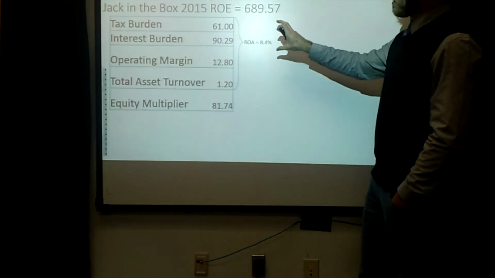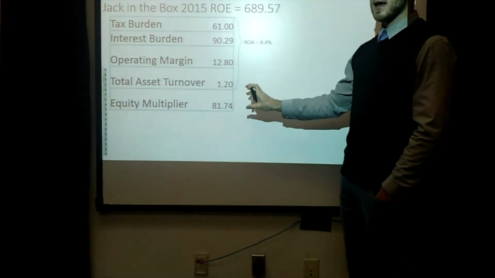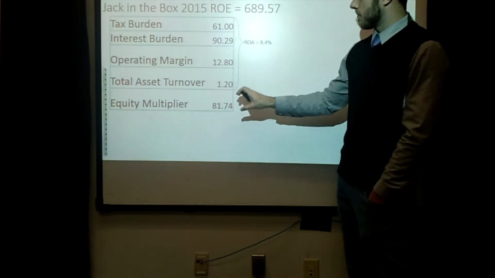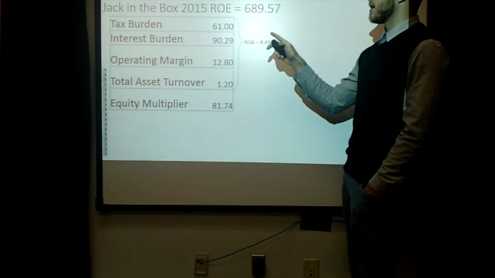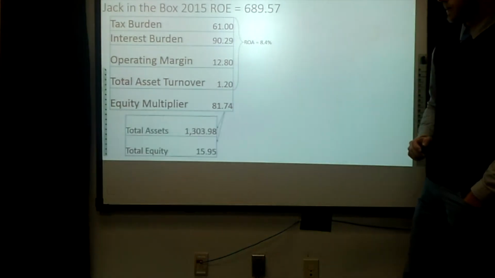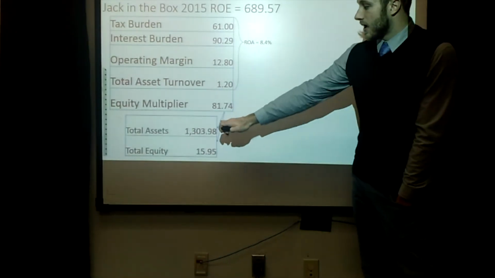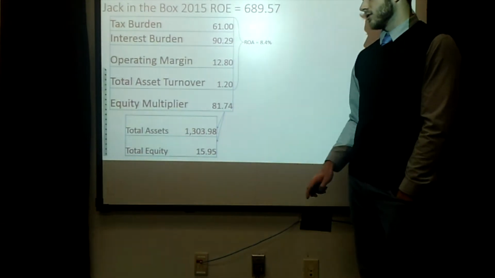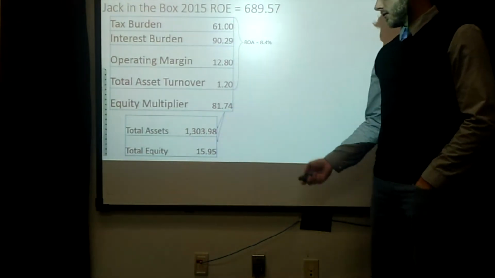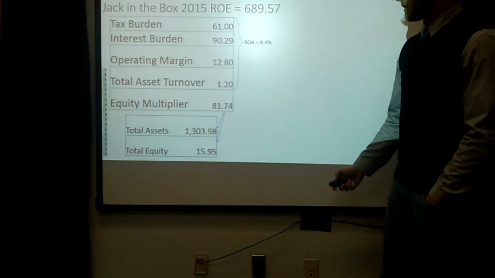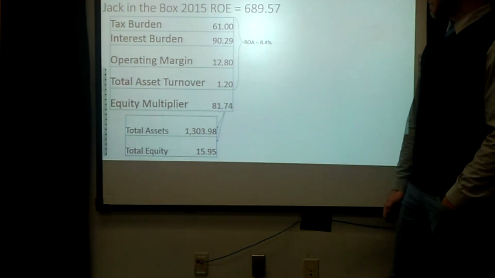So they're making 8.4%, but then they have so much debt that it's being magnified 81 times to give us this extraordinarily high ROE. As you can see, assets over equity is the equity multiplier. So they have $1.3 billion in assets and only just under $16 million in equity.